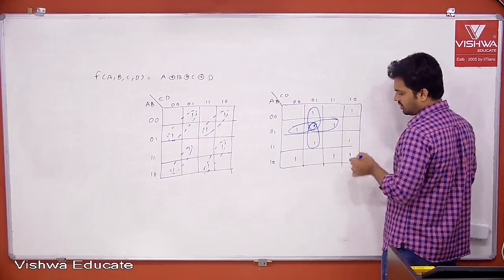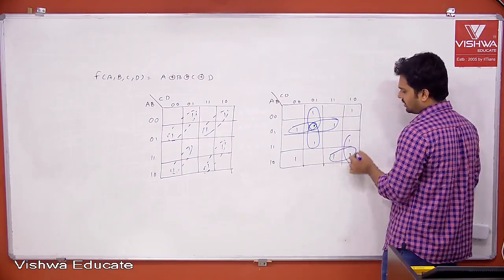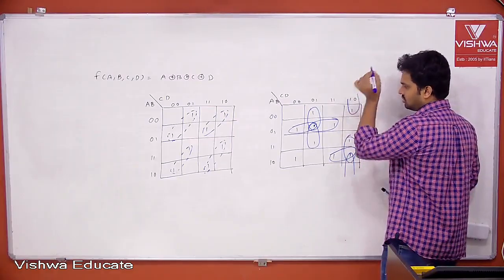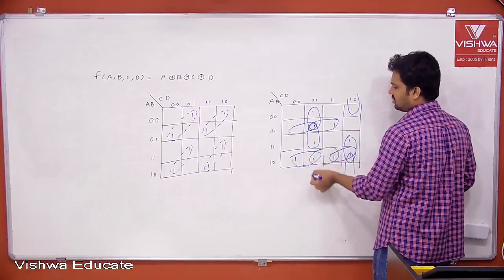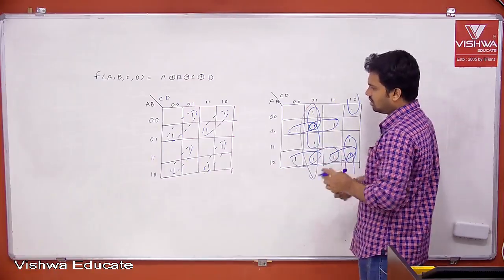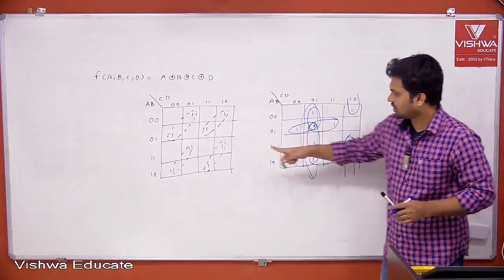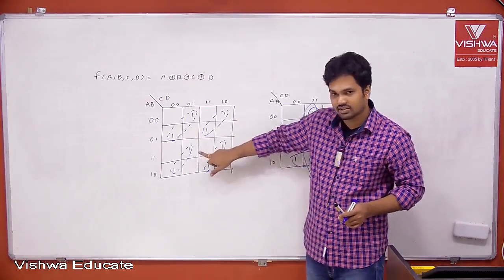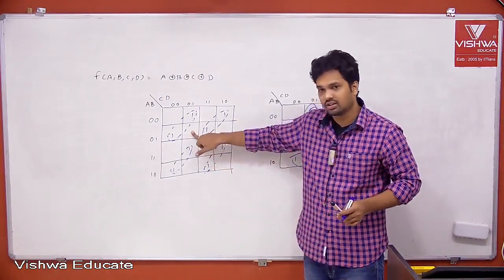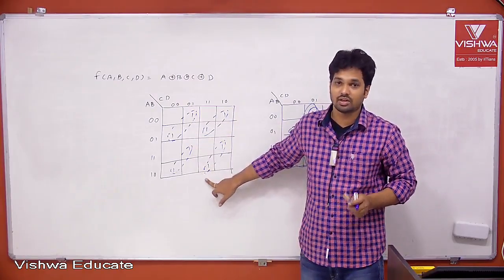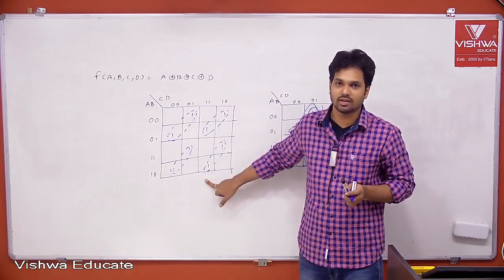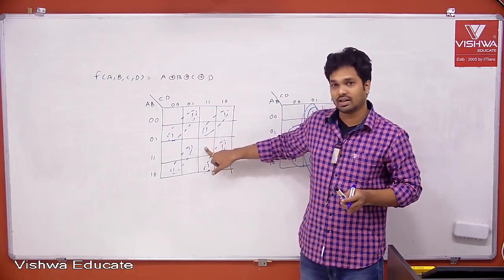You take one here, immediately it will form pairings. You take one here, it will form pairings. In this function, if you take any other condition, anywhere you place a one, your output expression will have fewer or equal terms, but not greater than this.